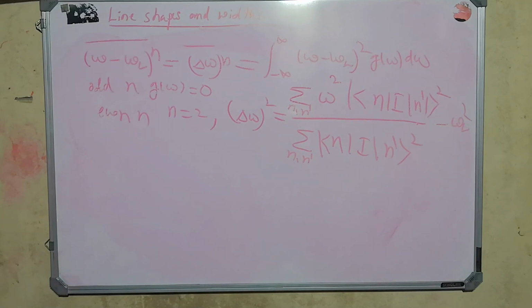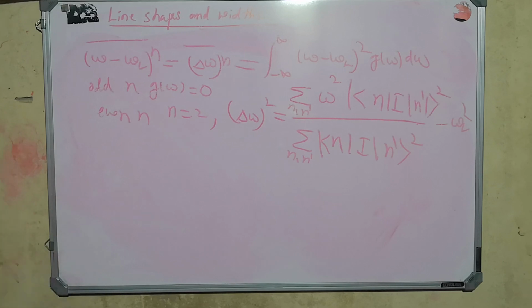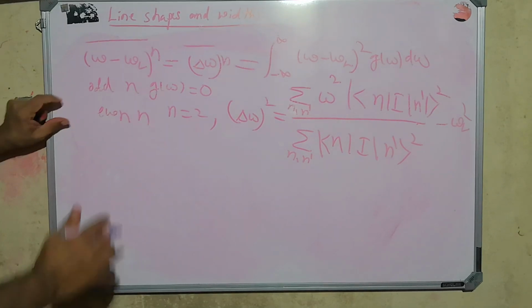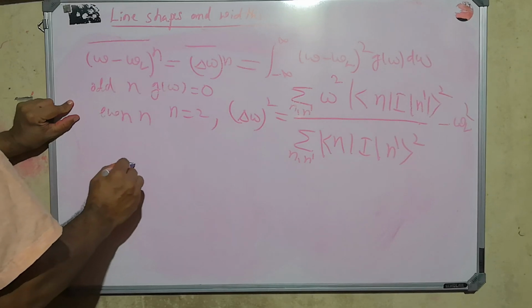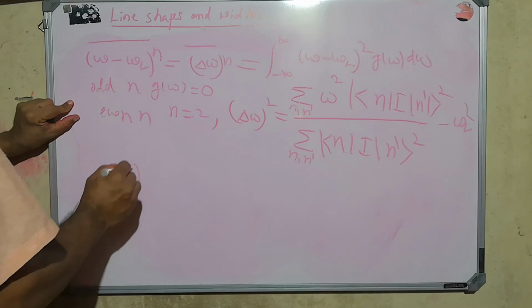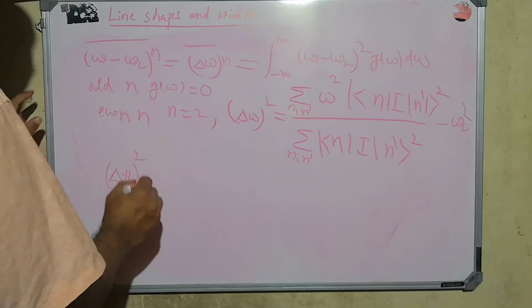So using this we can show the local field is equal to delta H. This is the local field at the moment n is equal to 2. This is for single crystal.